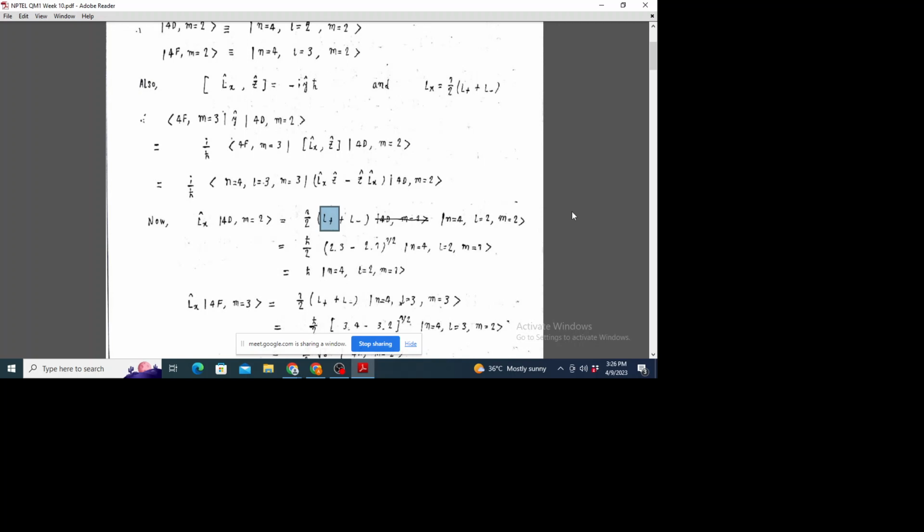This is the highest order state, right? When L equal to 2, the maximum value of m is 2, and you cannot raise the state further to have higher m eigenvalues. So L plus acting on L equal to 2, m equal to 2 is 0.